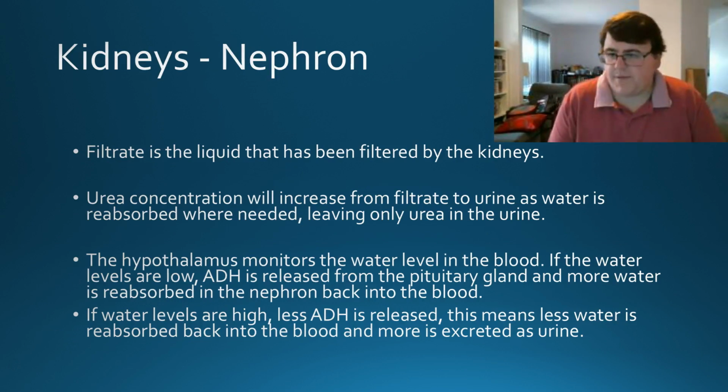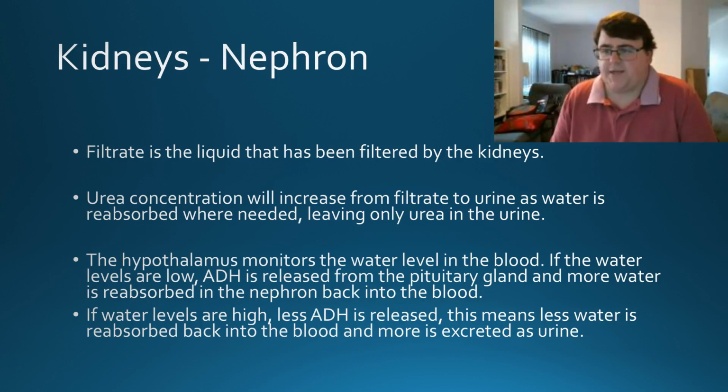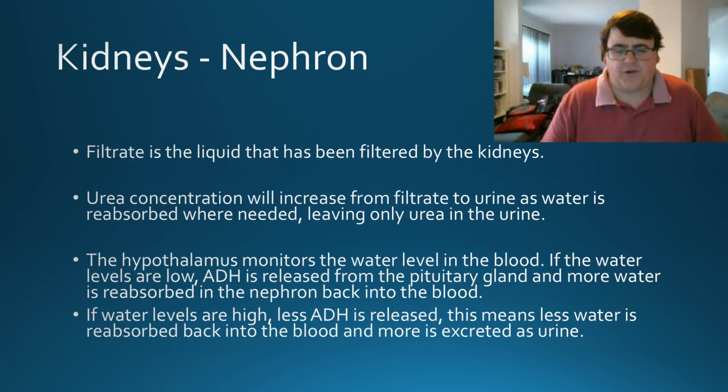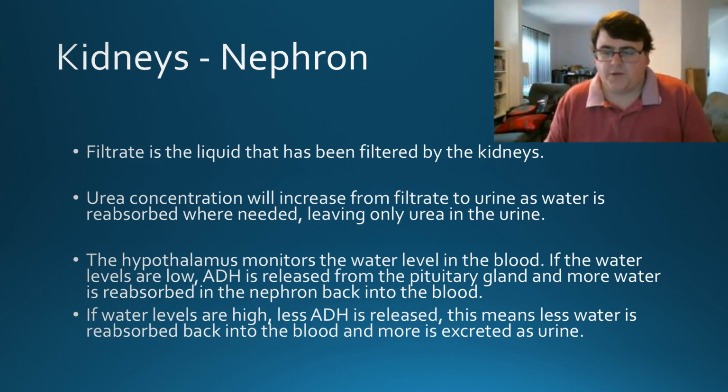So, filtrate is the liquid that's been filtered by the kidneys. So that's anything that's gone through the nephron and we've reabsorbed everything you need. What's left is the filtrate. When we're looking at urea concentration of that filtrate, as we move from filtrate to urine, urea concentration increases. Now that's not because urea is increasing in quantity.